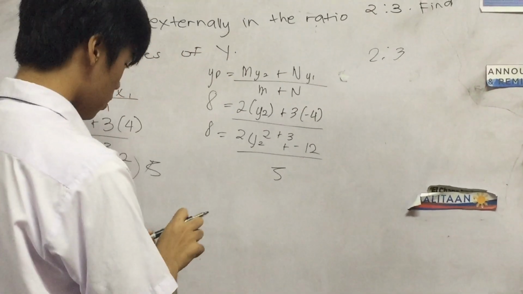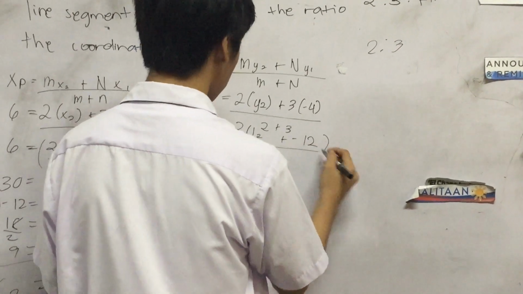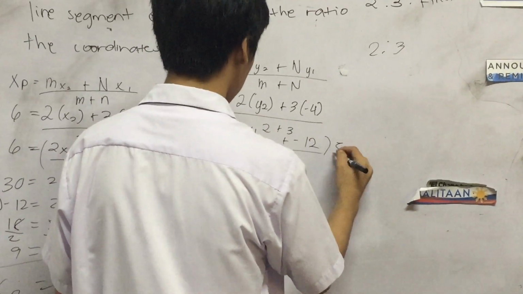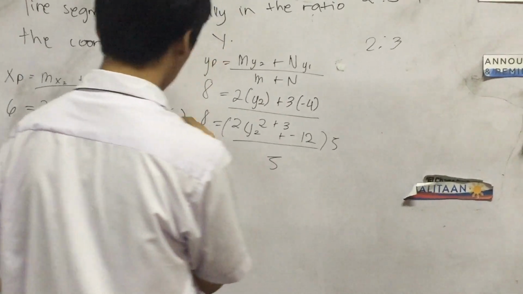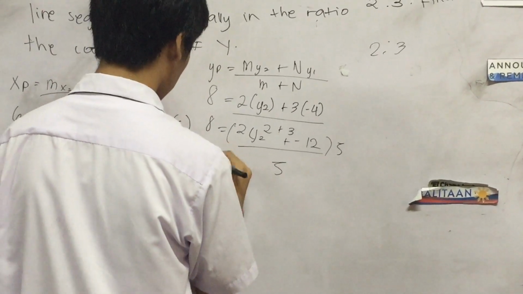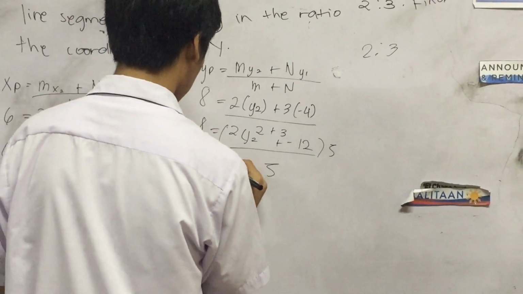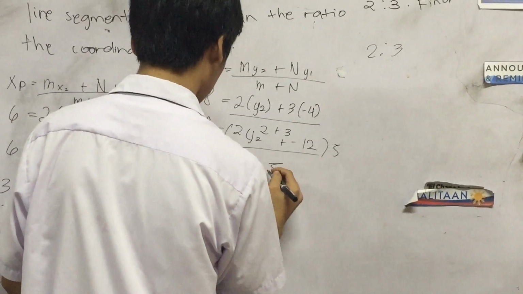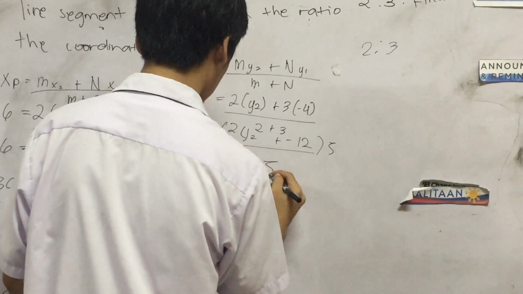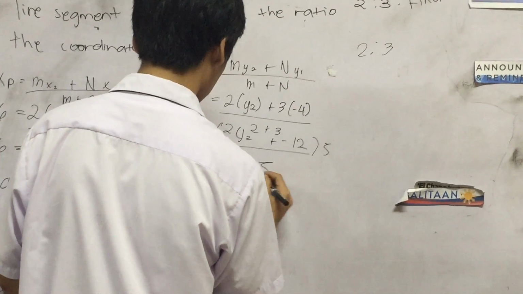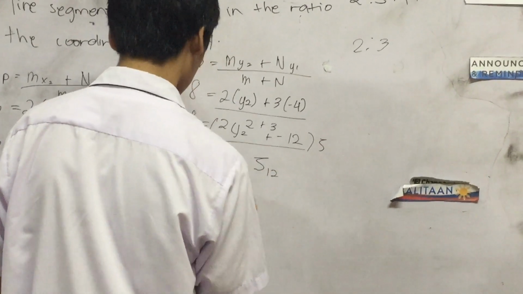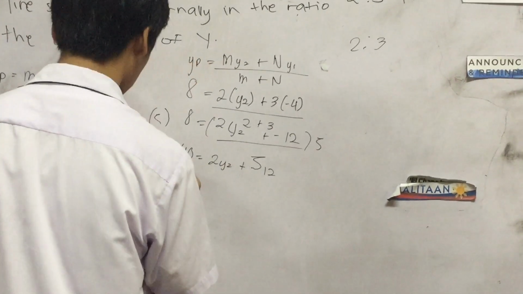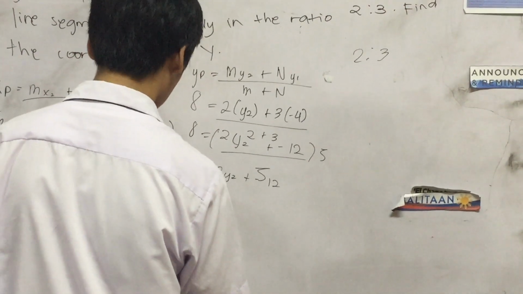To cancel the denominator, we need to multiply both sides by 5. 8 times 5 is equal to 40, equal to 2 y sub 2 minus 12. Transpose 12, and it's going to be 40 plus 12 is equal to 2 y sub 2.